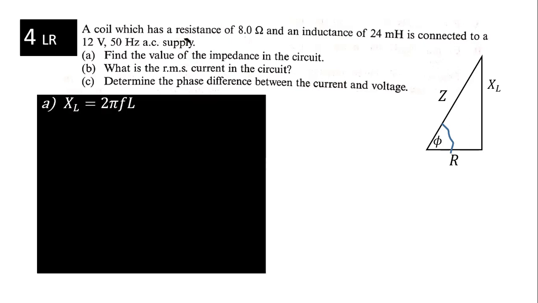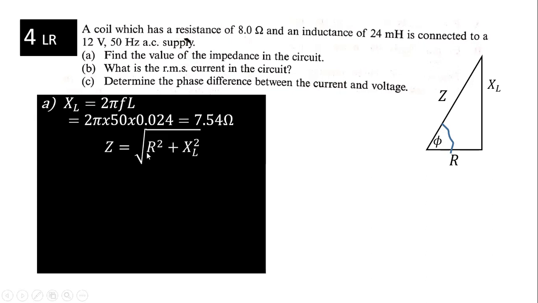First calculate your reactance. The formula is 2 pi FL. Put in your value: 2 pi, F is 50, L changed to henry. Calculate in ohm. And that is R squared plus XL squared. Put in your value and calculate out, 11 ohm.